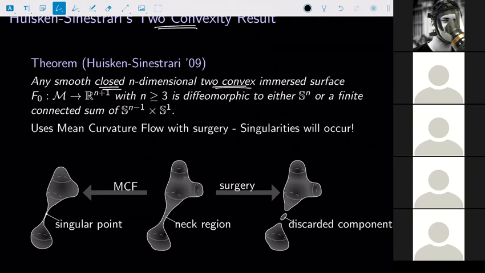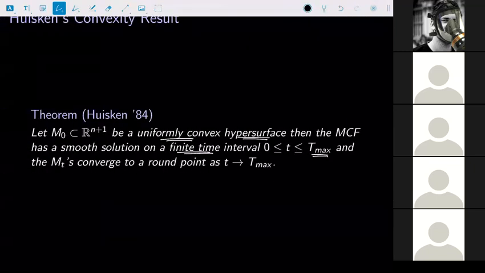Sorry, there is a question. What does uniformly convex mean? Uniformly convex means more or less that the h_ij is larger than some epsilon g_ij, sometimes, or yeah. Sometimes you put a mean curvature in there as well. So here, H g_ij.